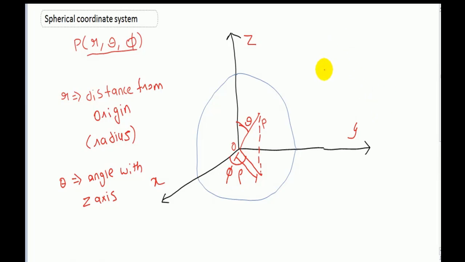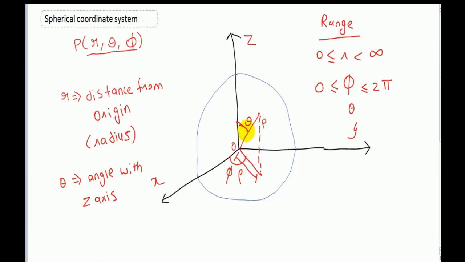Now if we see the range for all these parameters, as r is the radius, it can vary from 0 to infinity. You can imagine an infinite size sphere to cover the whole universe. Here limits of phi will be the same as in the case of cylindrical coordinate system, that is from 0 to 2 pi, and theta is the angle with the z axis.